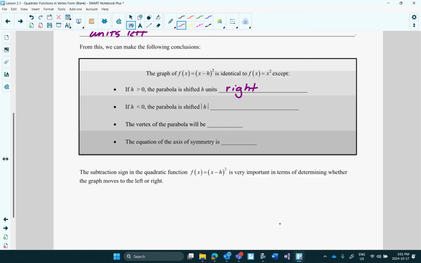If h is less than 0, that means if it's -1, -2, -3, well, negative becomes positive, which means we shift to the left. The vertex will be whatever the value of h is, comma 0. And the equation of the axis of symmetry will always be the x coordinate of the vertex, or h.